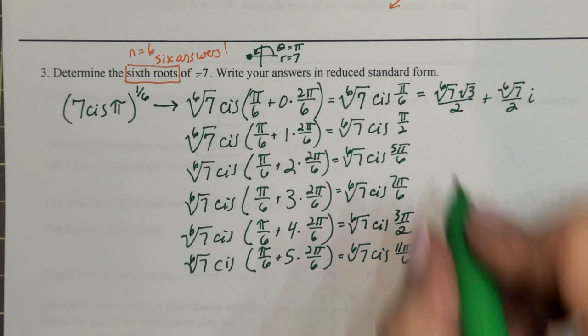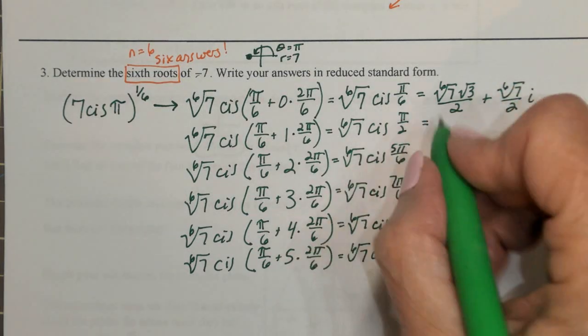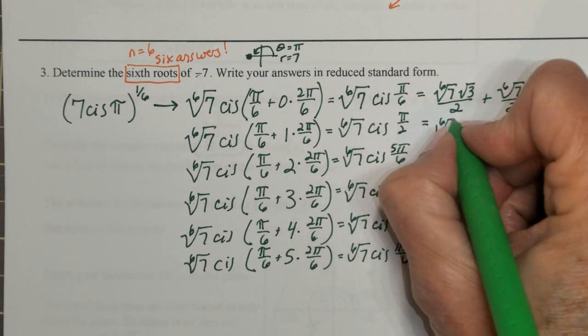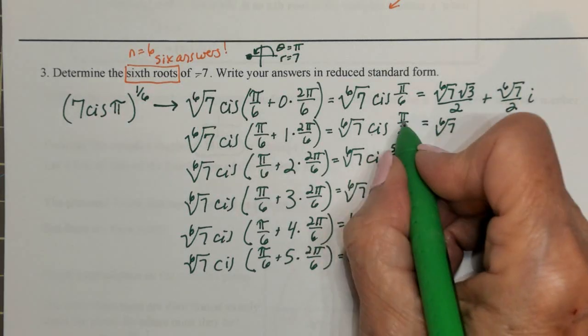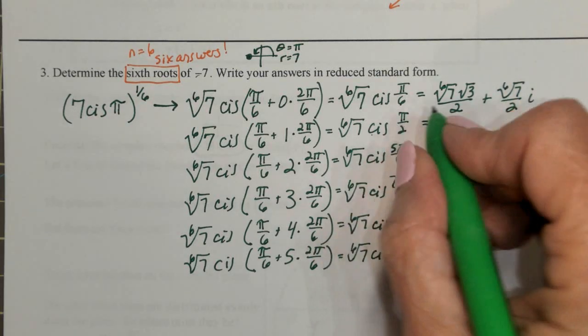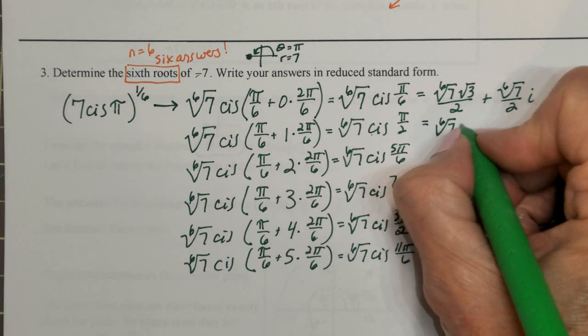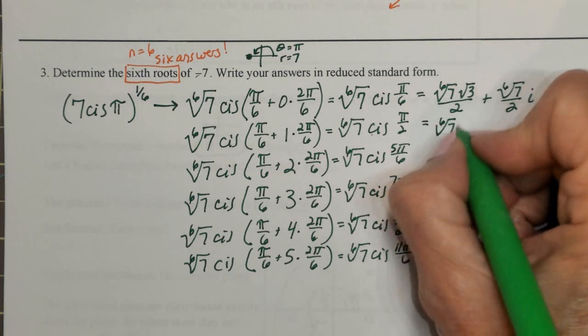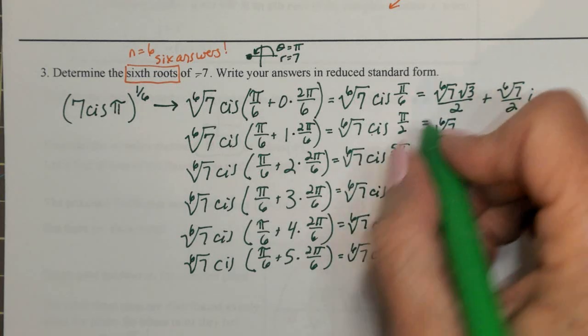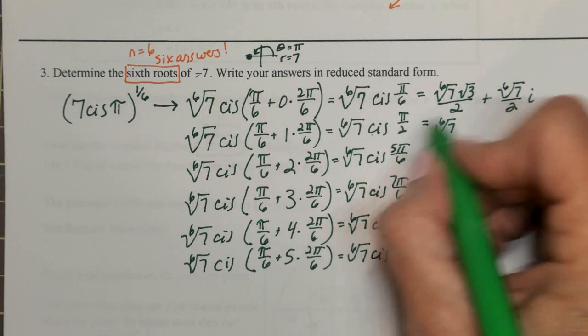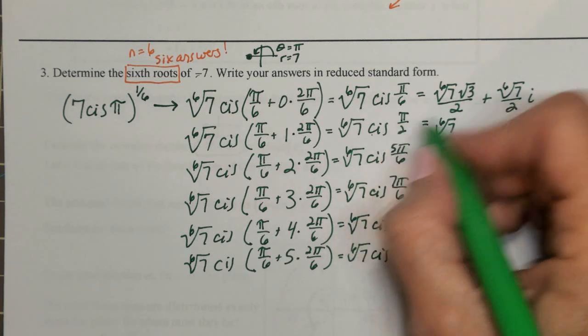Here we're going to have the 6th root of 7 times cosine of pi over 2 is 0. I'm not going to write times 0. It's just 0. And then I go to the next part. Sine of pi over 2 is 1. And then I have the i.